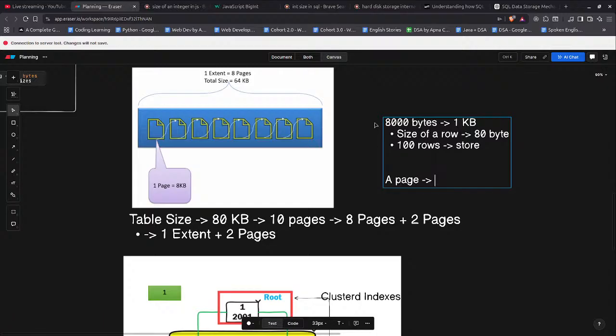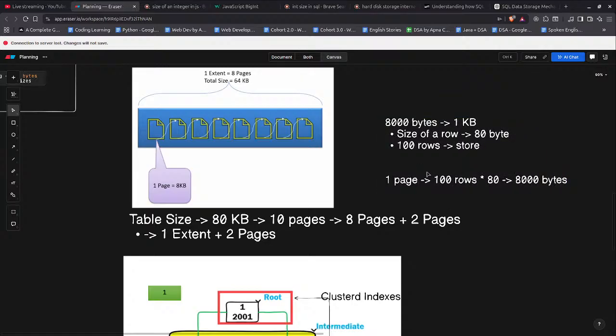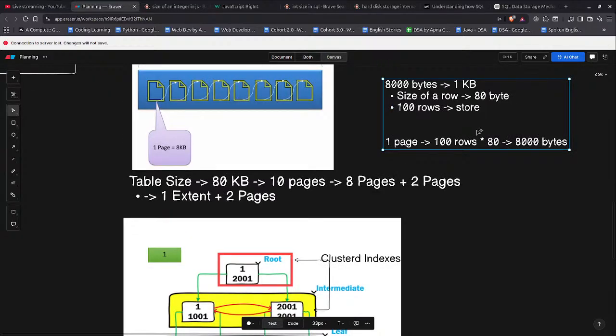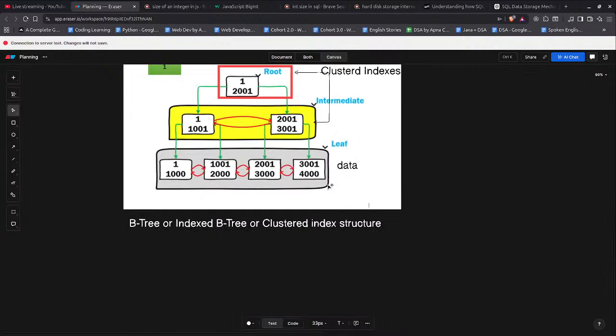That means one page can store 100 rows. Why? Because 100 multiplied by 80 is 8000 bytes, which is around the size of a page. So first of all, it's easy to calculate the total space that a row takes, and after that we can simply decide the range based on the total space one row takes. Got it? Makes sense.